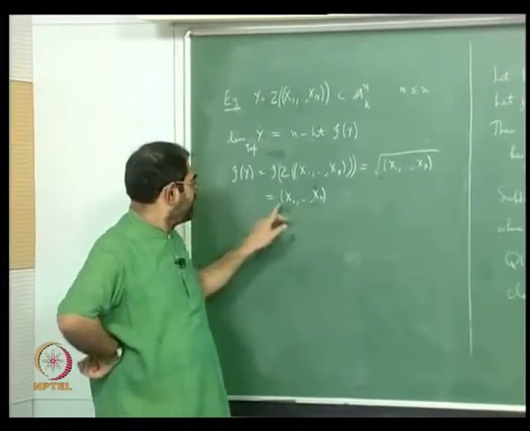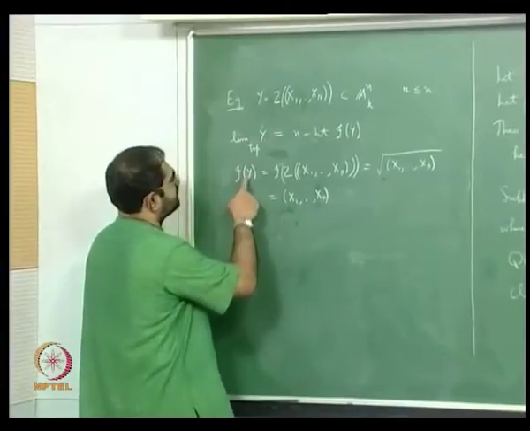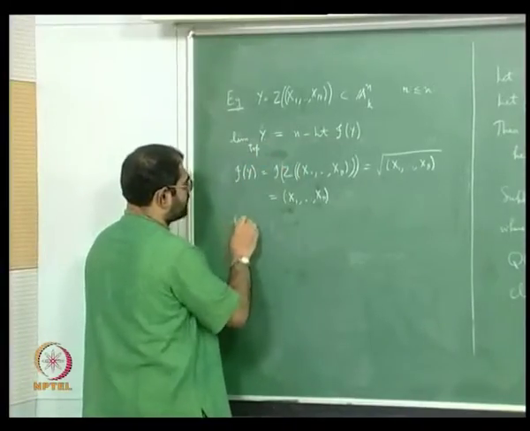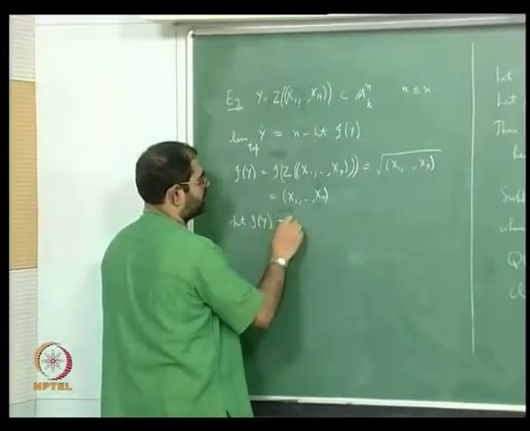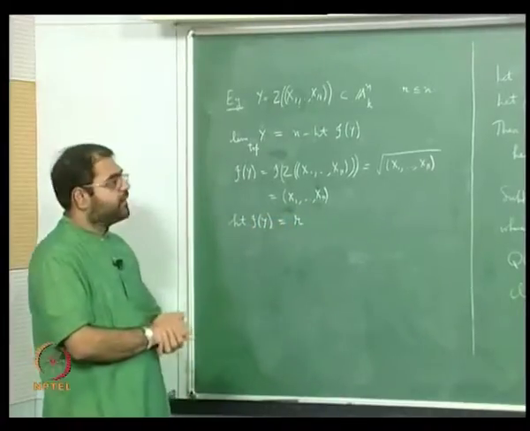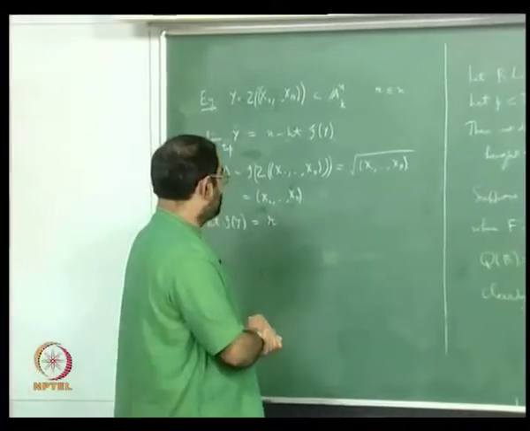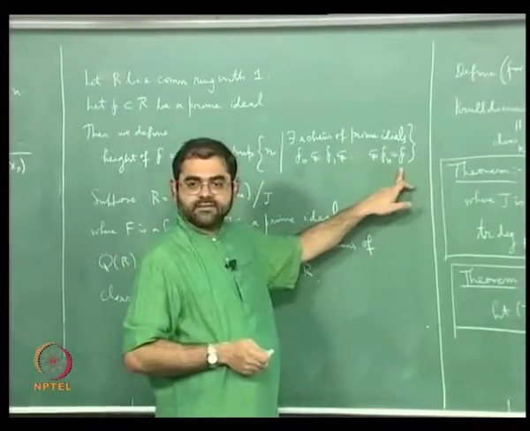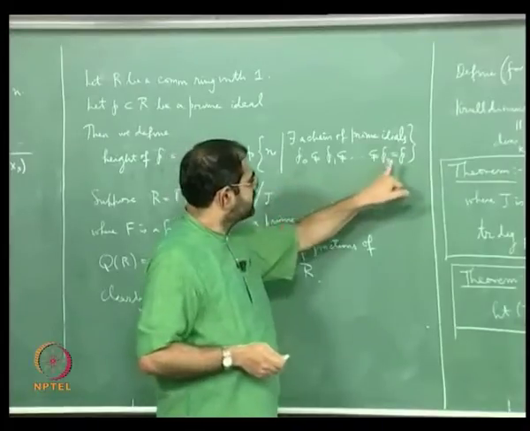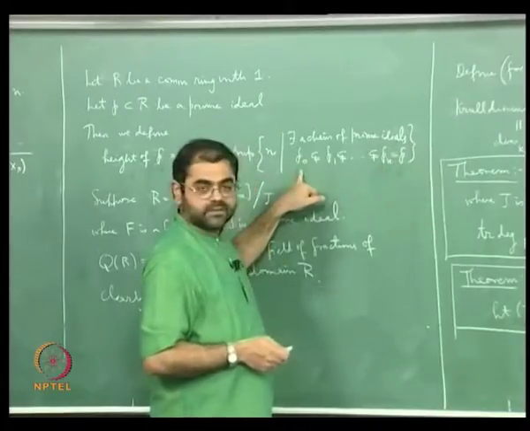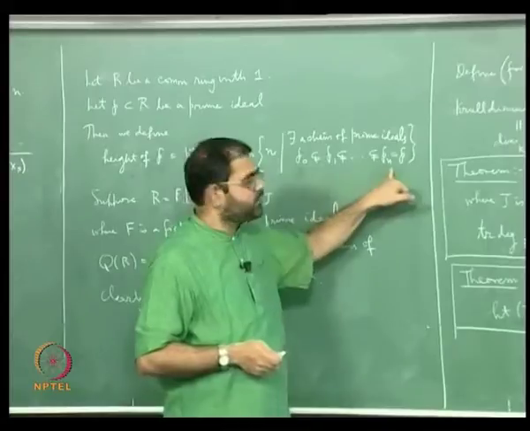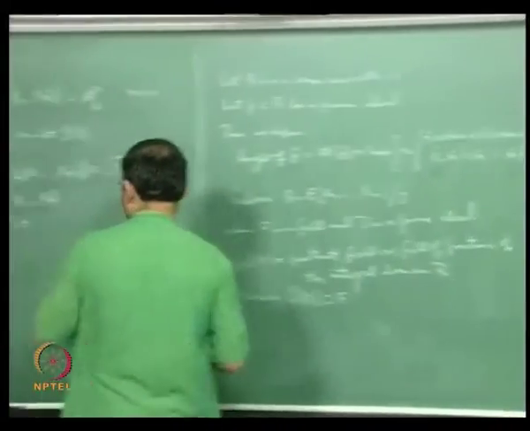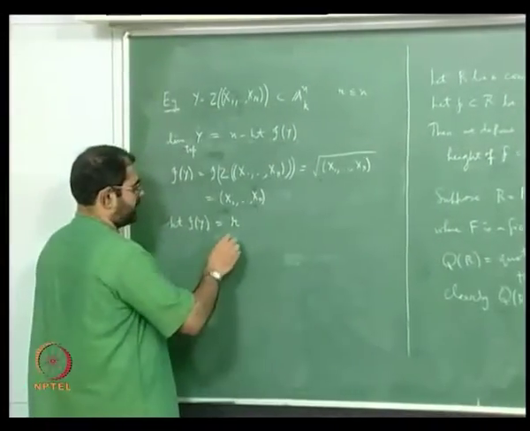Therefore, if you take the height of I_Y you will get r, because you are going to look at a maximal chain which starts with something smaller and goes up to the ideal.